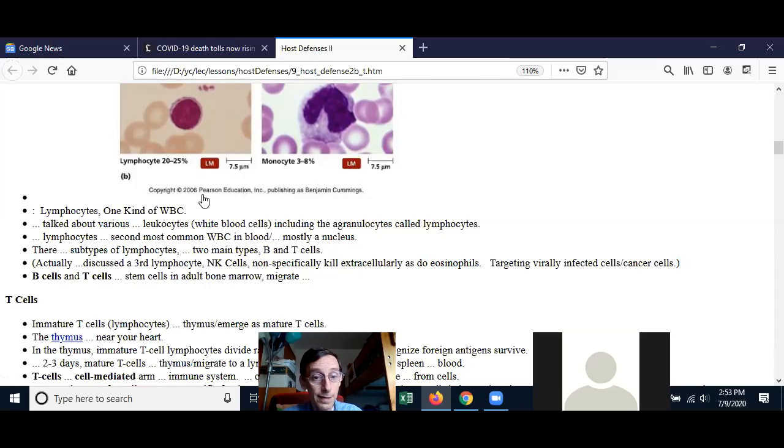They're called NK cells, and they are involved in the immune response, but they non-specifically kill extracellularly, as do eosinophils, meaning an NK cell comes up to another cell, which is either a pathogen or one of the host cells that's infected, like with a virus, or it might be a host cell that's become cancerous, and then the NK cell extracellularly secretes substances on that cell to kill it.